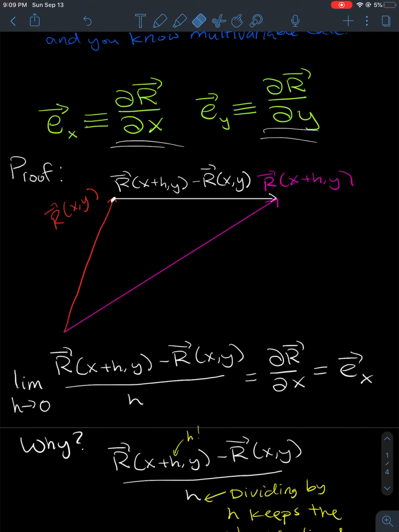It's a vector going from the origin to some arbitrary point x, y. And then here we have R(x plus h, y). That's just going to be R(x, y), but we're adding h to the x coordinate, which is shifting this basis vector by some amount. That's what it means.